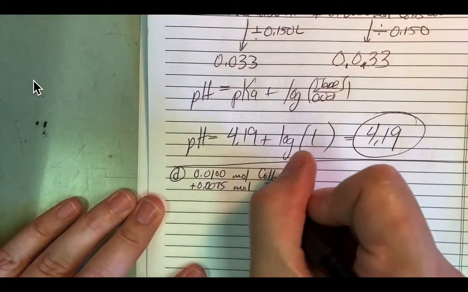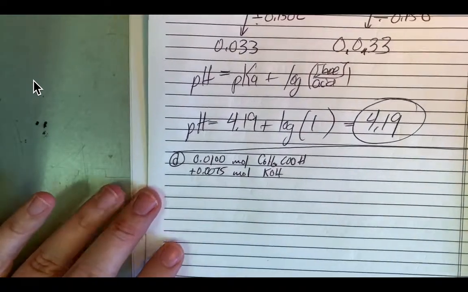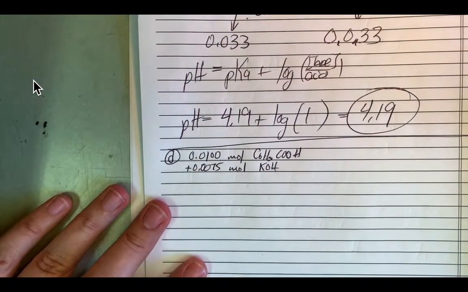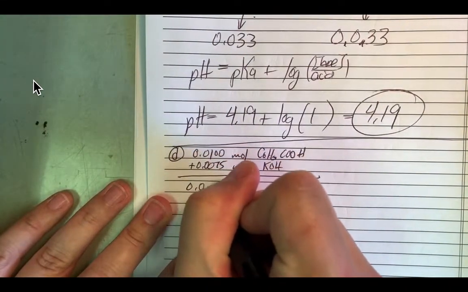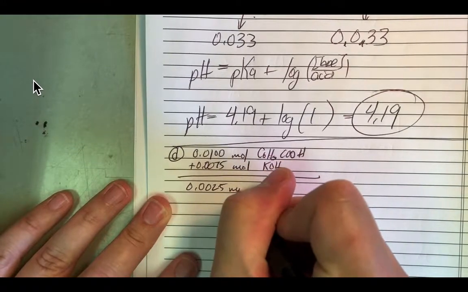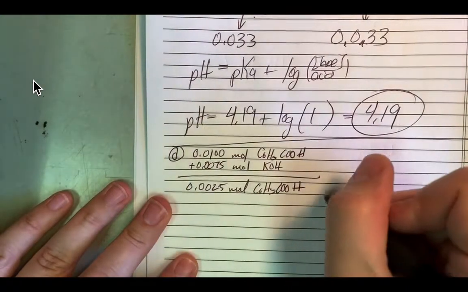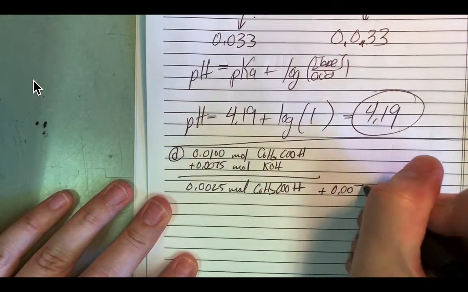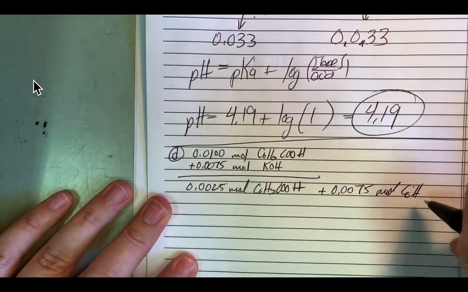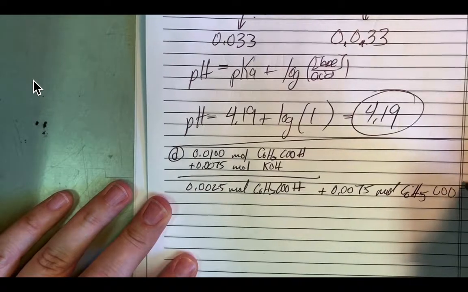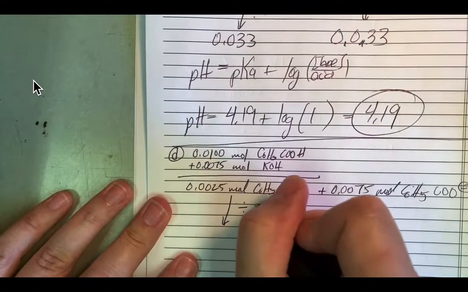Part D. I've done it a few times, so I didn't bother actually putting the calculation in. We're up to 0.0075 moles. At this point, there's not much of the acid left. 25% left. 75% of it's been converted to the conjugate base. Our volume is up to 175.